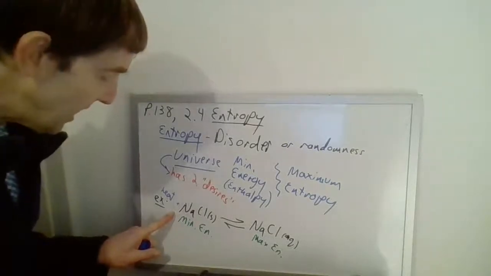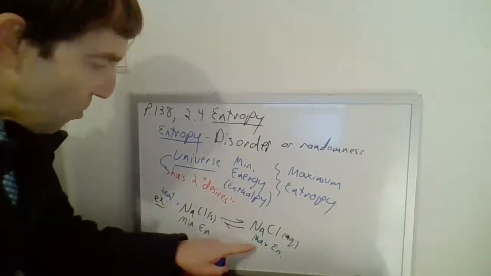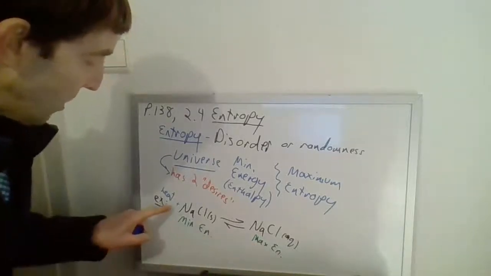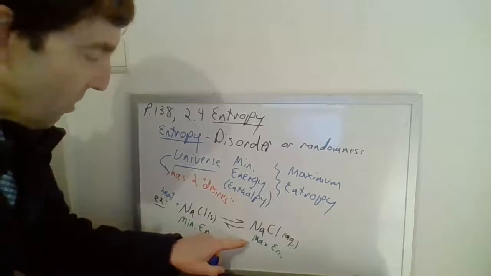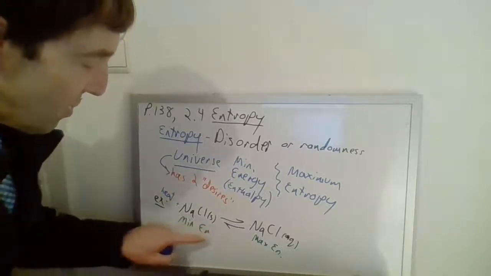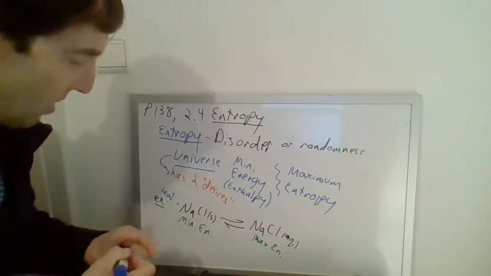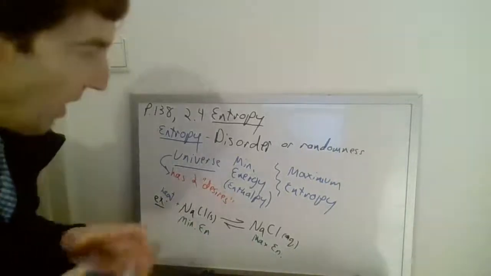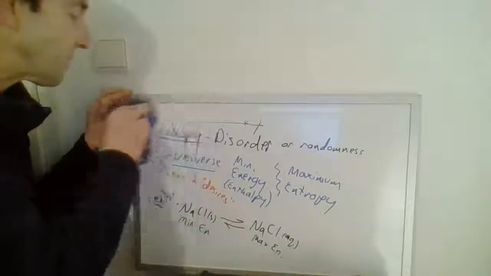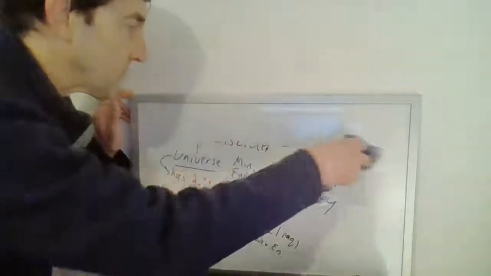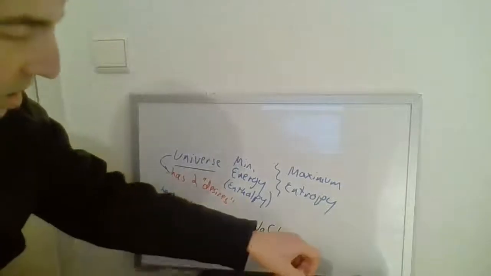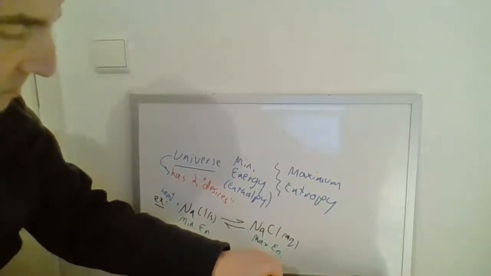Makes sense. Heat plus minimum energy makes more randomness. Okay. So heat plus minimum. In other words, these are always on opposite sides. That's more random. That's more minimum energy. Let's do another reaction. You can tell me which is which side.